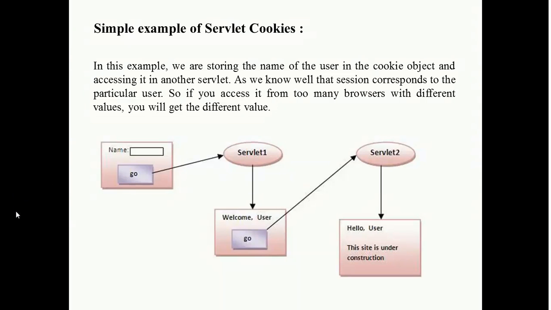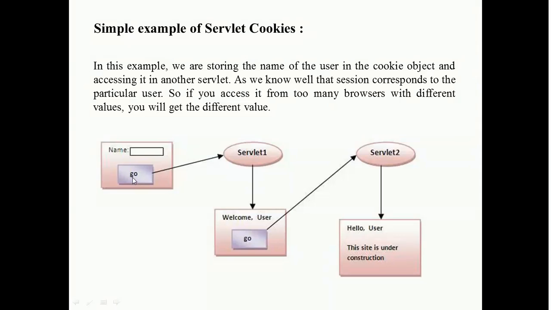First, for accessing the cookies data, we need to create two Java program files. This figure shows first the HTML page. Here we give the attribute name and a text field, then a go button.